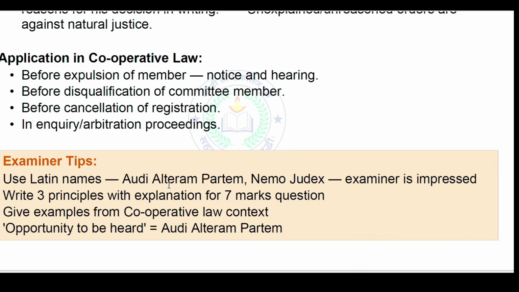Give examples from the cooperative law context. Opportunity to be heard is very important; that means audi alteram partem. These are the Latin words and their meaning.